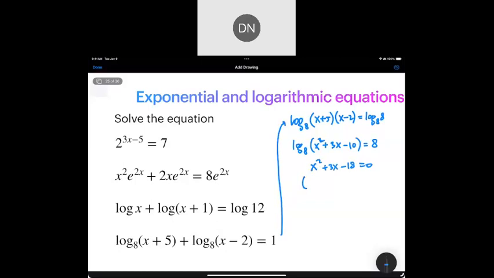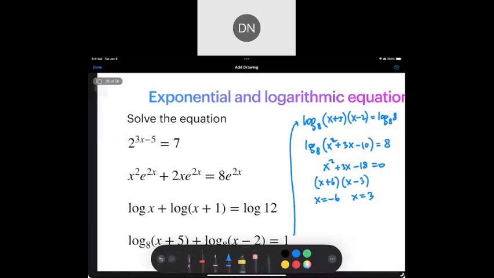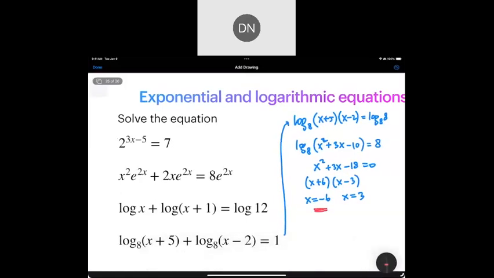I actually haven't tried this one, but according to your numbers, it should be correct. So this will be plus 6 minus 3. I think we're correct. And then, how about if we check this too? If we check the negative 6 here, there is a problem, right?